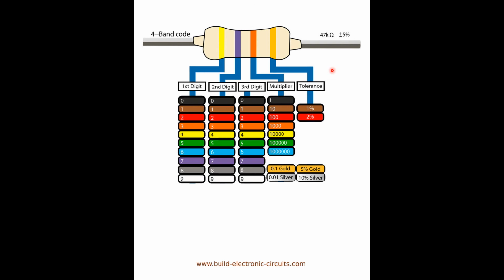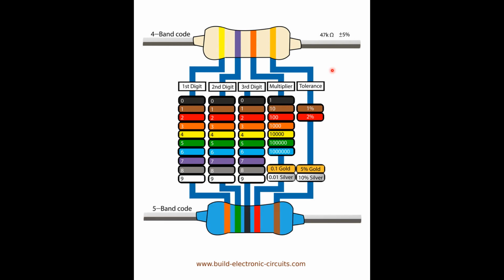Let us try the last one. 5 bands we have. So the first 3 will give me digits, the fourth one will give me the multiplier value, and lastly I'll get the tolerance value. So what is the first one? The first one corresponds to this orange, that is 3. The second one is 5, so 3, 5, and black 0, so 350.